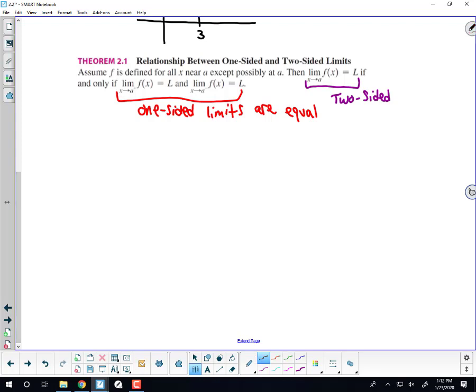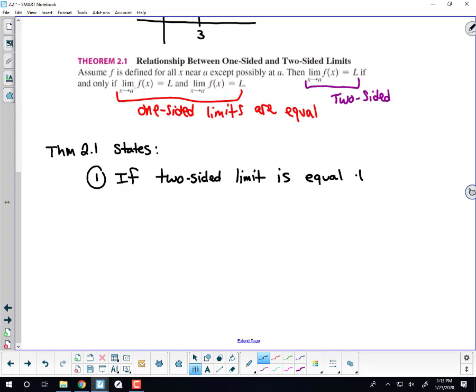So one, I'll just say here, theorem 2.1 states, one, if the two-sided limit is equal to L, then both one-sided limits are equal to L.